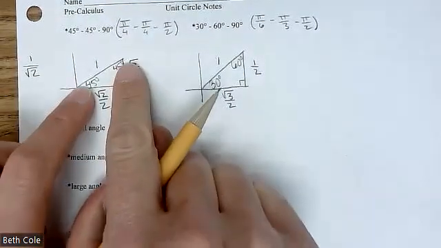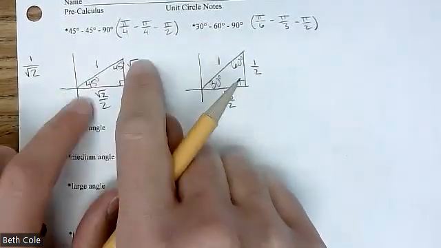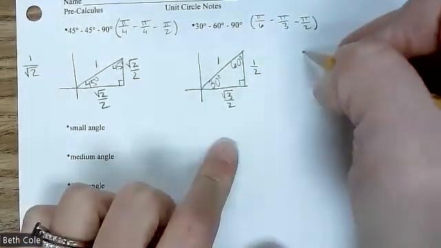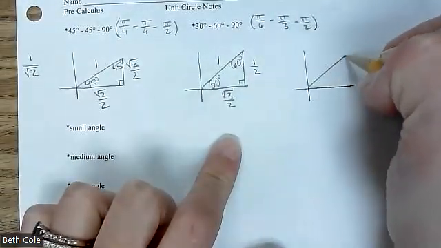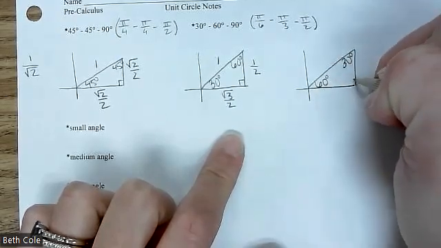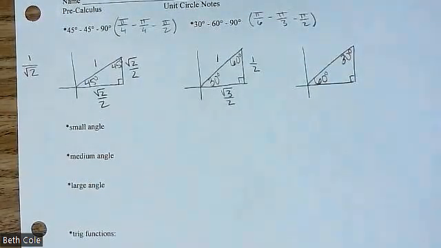Now, 45, 45, 90, because those are the same, it would be the same the other way around. But 30, 60, 90, if we reverse that, it creates the opposite triangle. So if I put the 60 down here and the 30 up here, again, it's not to scale, obviously, because it's going to be on the unit circle, but you kind of have to imagine it being the other way around.